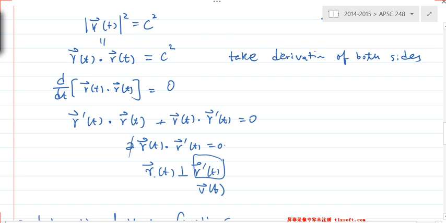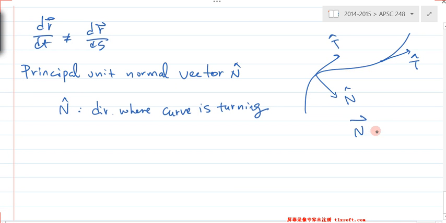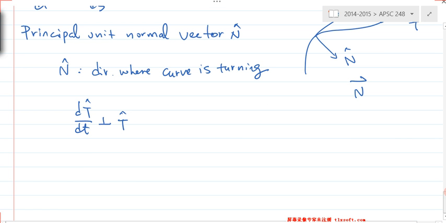So coming back here, dt hat over dt is perpendicular to t hat. So this one here is actually our n vector.